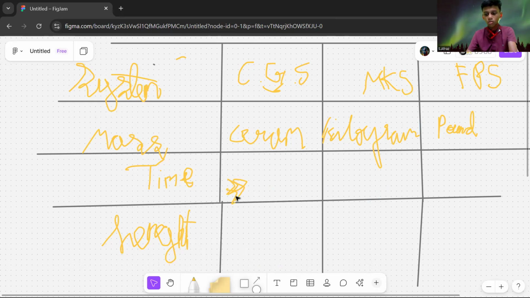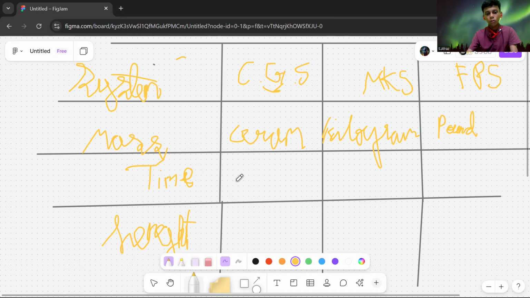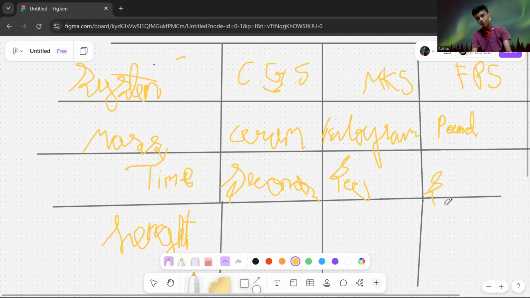Seconds. Again, it is seconds, so I'll write sec, seconds. And for the FPS system, it is also seconds.